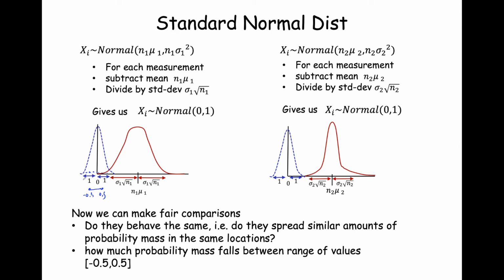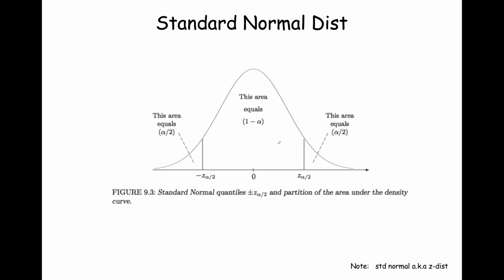And now, because they're both standard normals, centered about the origin with a variance of 1 and therefore a standard deviation of 1, you can make fair comparisons because they are like kind. They're both normals, both centered at the origin, and both have a standard deviation or variance of 1. So now we can make these fair comparisons.